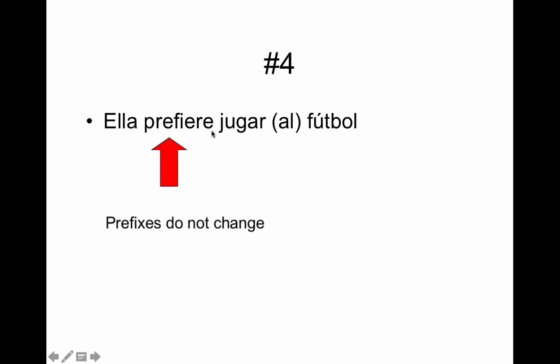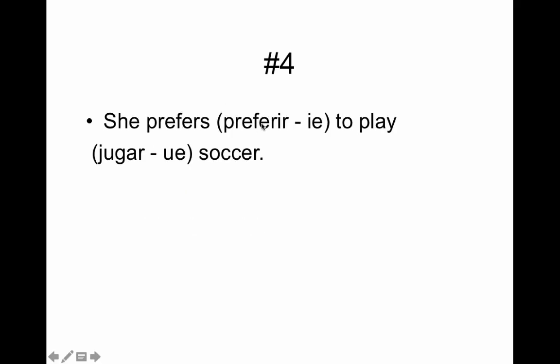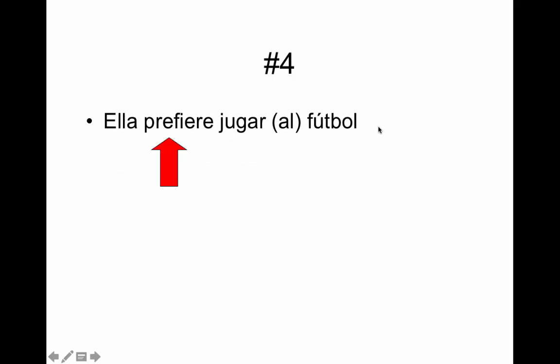Notice I did not also conjugate the verb jugar because it says to play. Remember, to kick, to run, to eat, to sleep, to anything is the most basic non-conjugated form of the verb. It's an infinitive, so we do not want to conjugate it. The first verb I conjugate, prefers. The second verb I do not conjugate because I want it to say to play, so I need to keep the endings there of the AR. Remember, prefixes do not change.